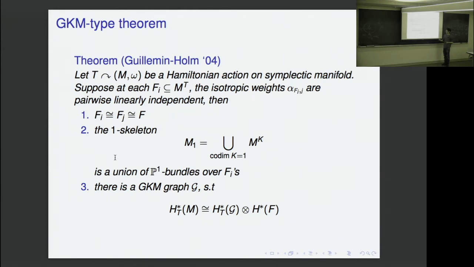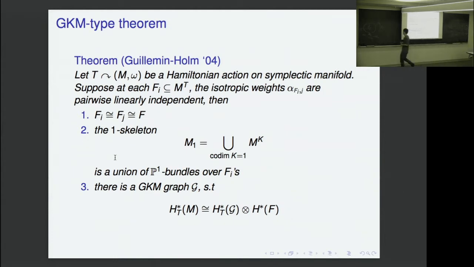As for the one-skeleton, which is defined to be the fixed point set of the codimension 1 subtorus, this can also be thought of as the union of dimension 1 orbits. This is going to be a union of P1 bundles or sphere bundles. So we can talk about the north section and the south section of the sphere bundle. Because of this, there is still a nice definition of a GKM graph.